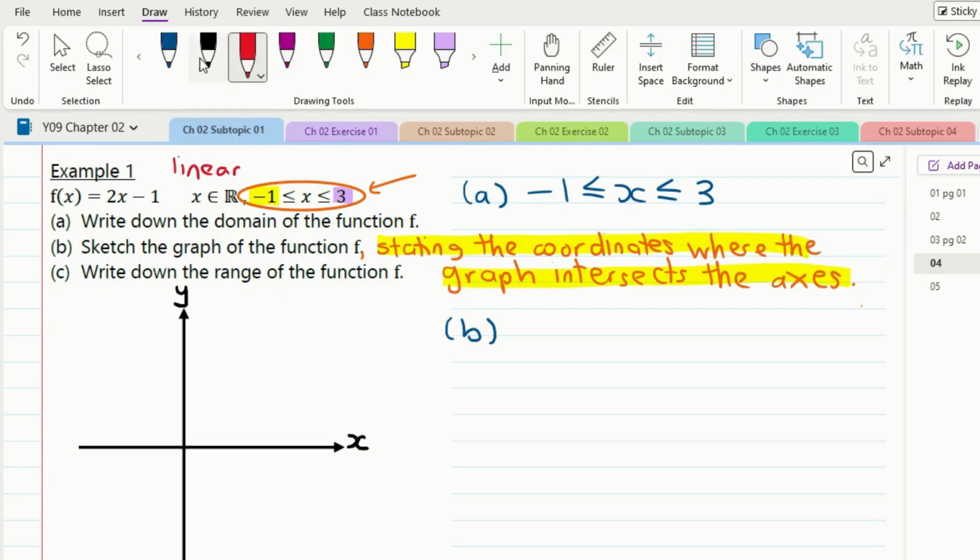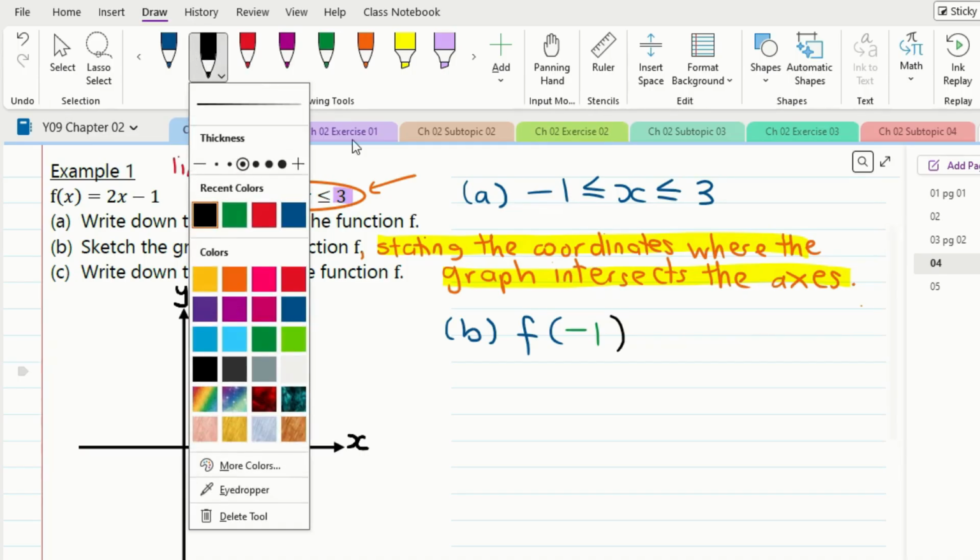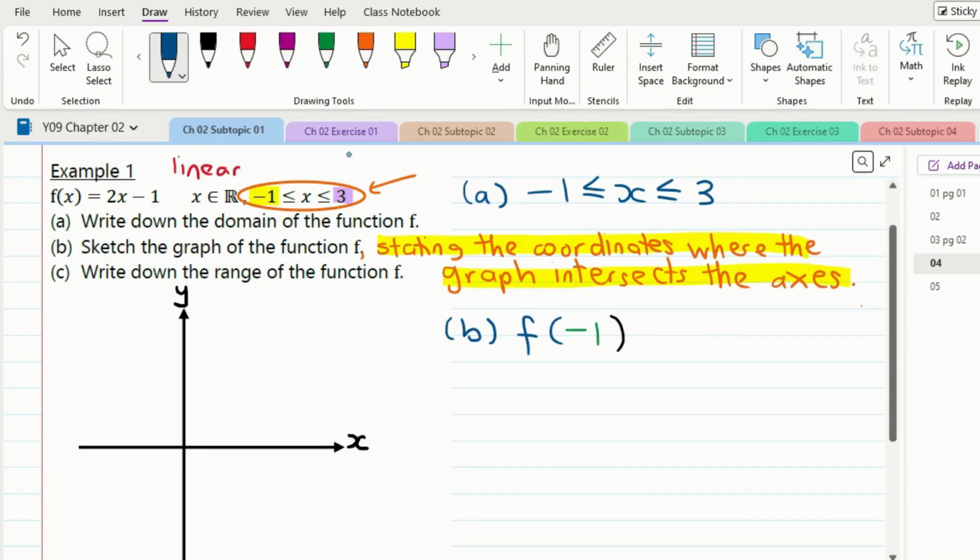Let's put in the input value of x, say here -1. So the working that you will do is f(x) equals 2x minus 1, so 2 times (-1) minus 1. So this one will produce -3, right?